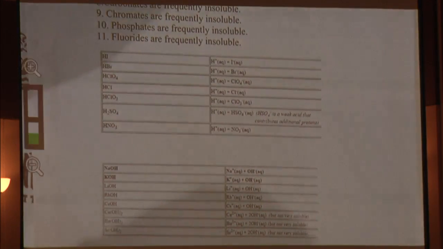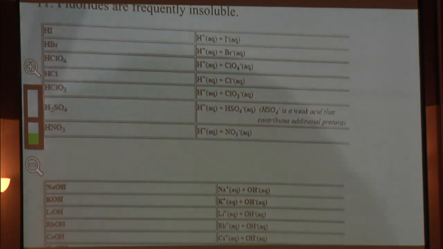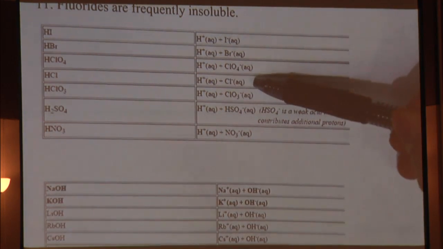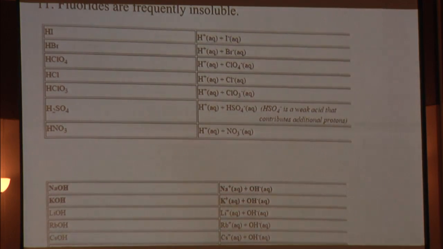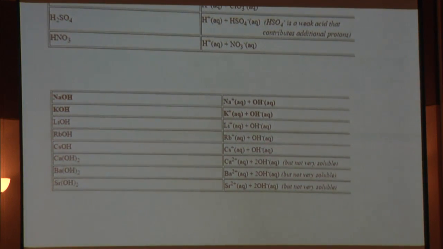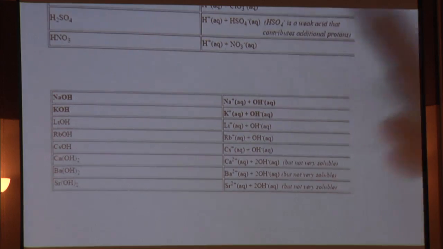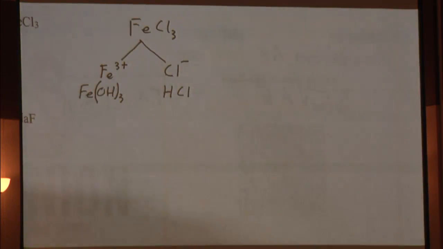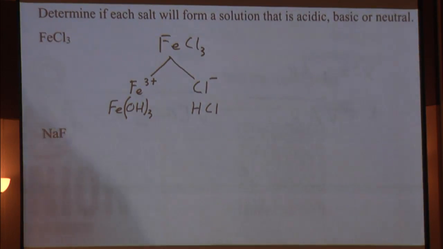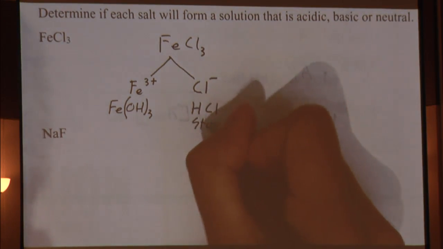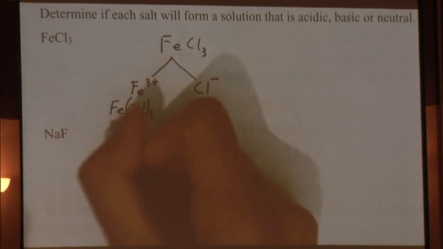And then here's a table of strong acids and bases. We see here that our HCl is a strong acid, and we don't see FeOH3 here in this table of strong bases. So this here is strong, and this is weak.